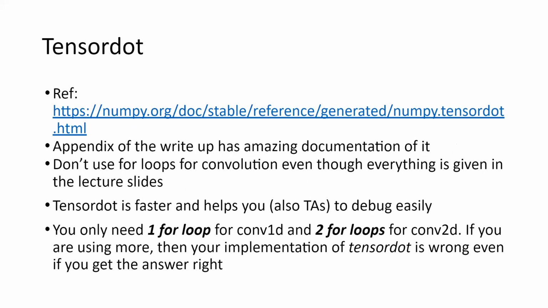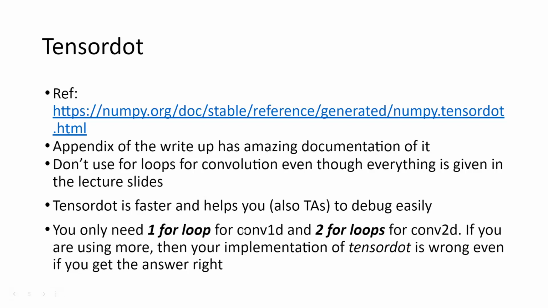When you're sliding it, you compute the product, add those together, and get the value in the output map. Remember that the number of channels in your filter is equal to the input channels, and the number of filters that you have is equal to the output channels. If you want to revise more, probably look into the lecture slides. But tensor dot is a vectorized way that does your convolutions for you.